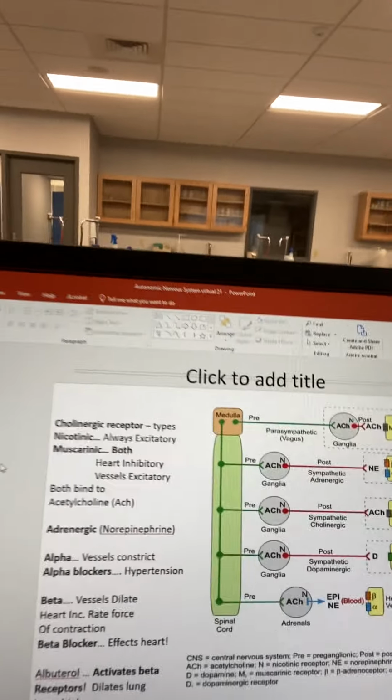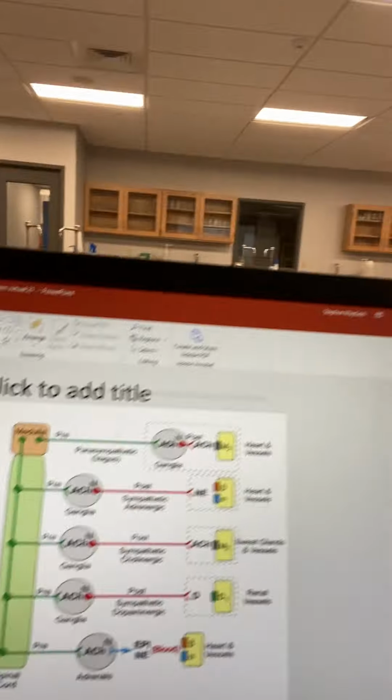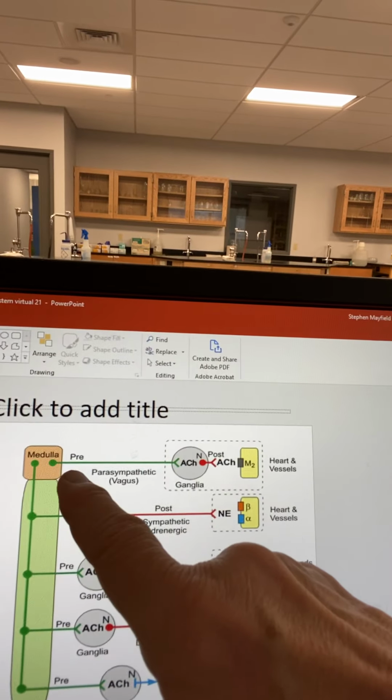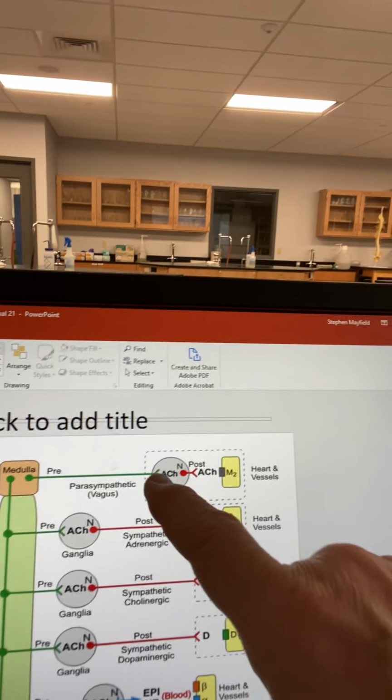And so it has to do with what goes on inside of the cell after it is stimulated. It can be either inhibitory or excitatory. All right. So when we look at this drawing right here, we can see the parasympathetic division.